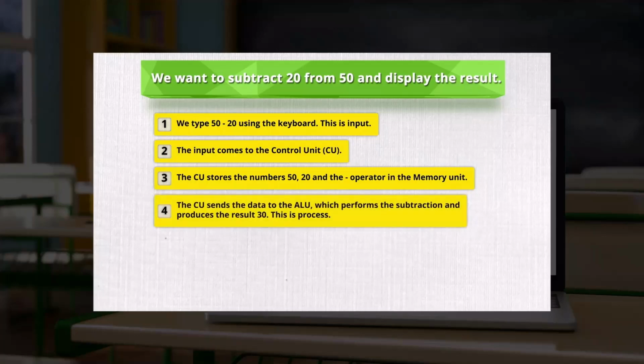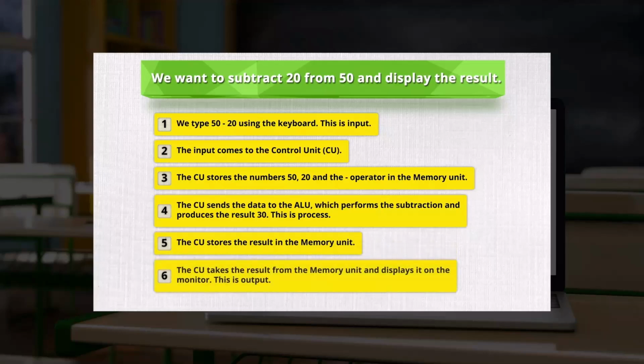The CU sends the data to the ALU, which performs the subtraction and produces the result 30. This is process. 5. The CU stores the result in the memory unit. 6. The CU takes the result from the memory unit and displays it on the monitor.